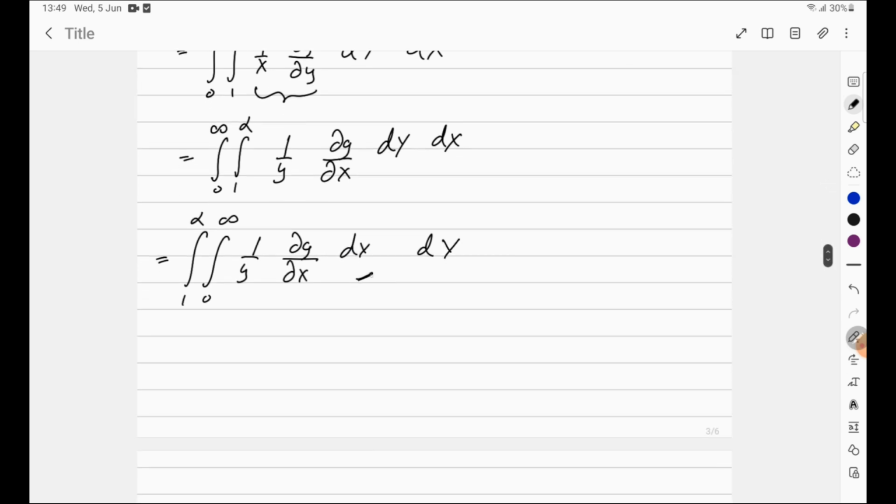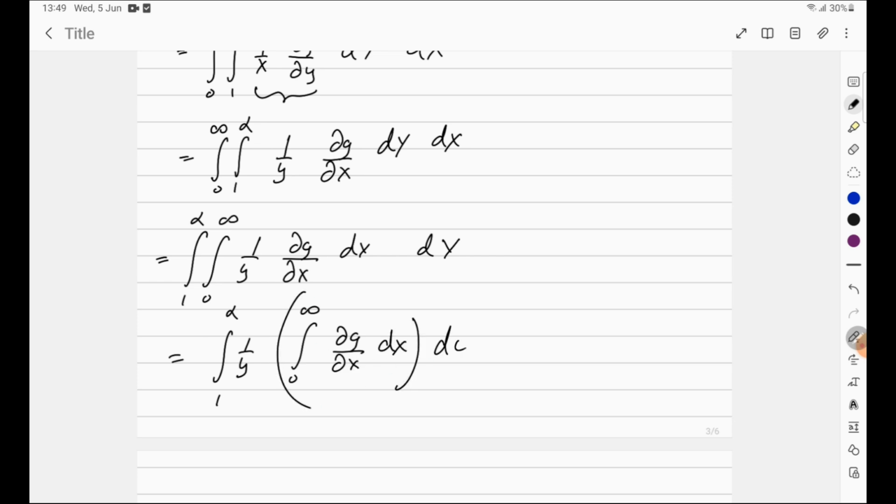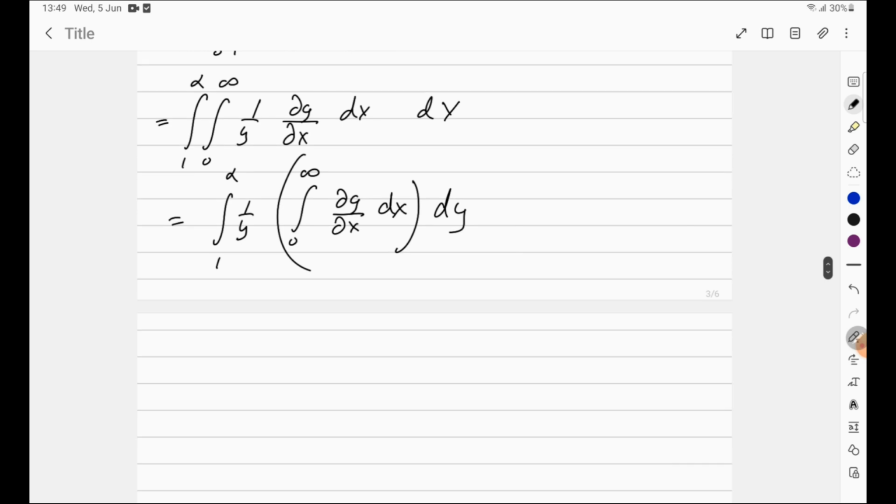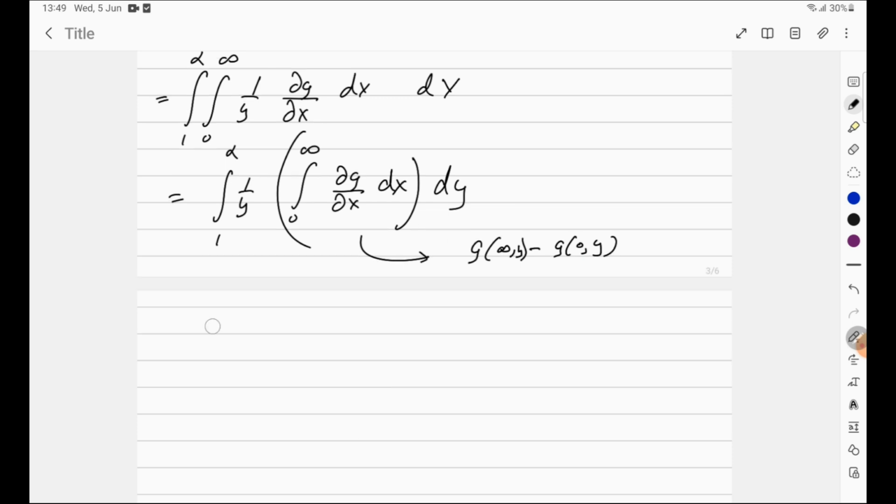Now this is an integral with respect to x, so 1 over y is a constant. So that comes out: 1 over y, 0 to infinity, del g over del x dx dy. So this simply becomes g at infinity comma y minus g at 0 comma y.